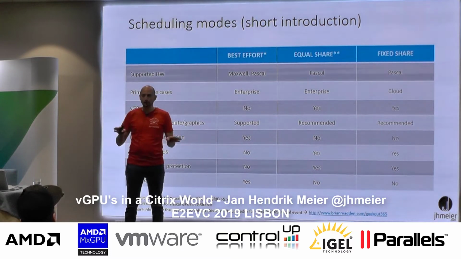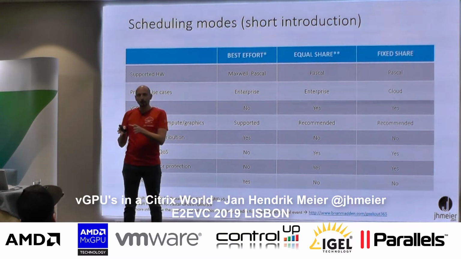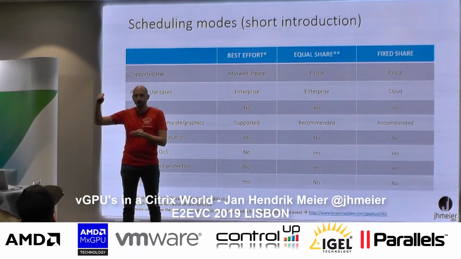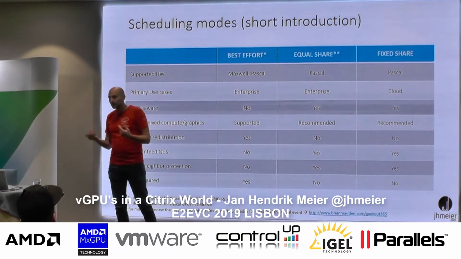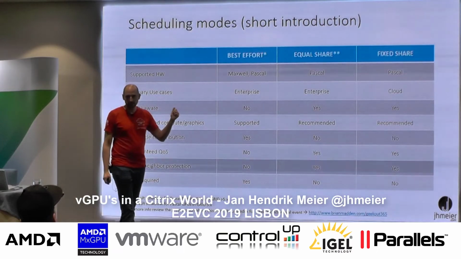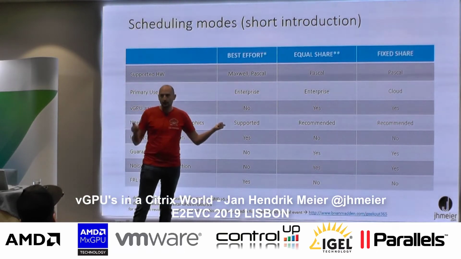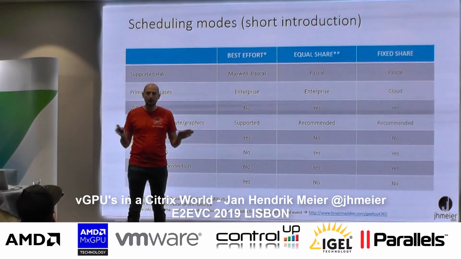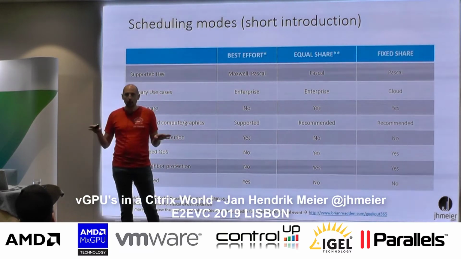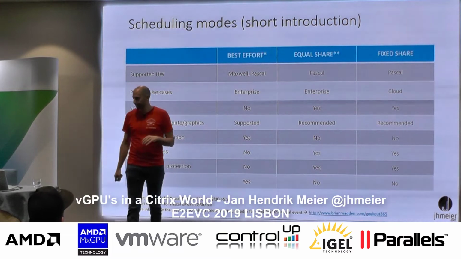Even if only 1 VM is booted, this one VM will only get a fourth of the performance of the GPU, because the other ones are reserved for possible VMs that can be booted. So you lose some performance, but for cloud providers, this is the one they prefer, because they have no noisy neighbor, the performance is always the same. So they really know how the environment behaves.